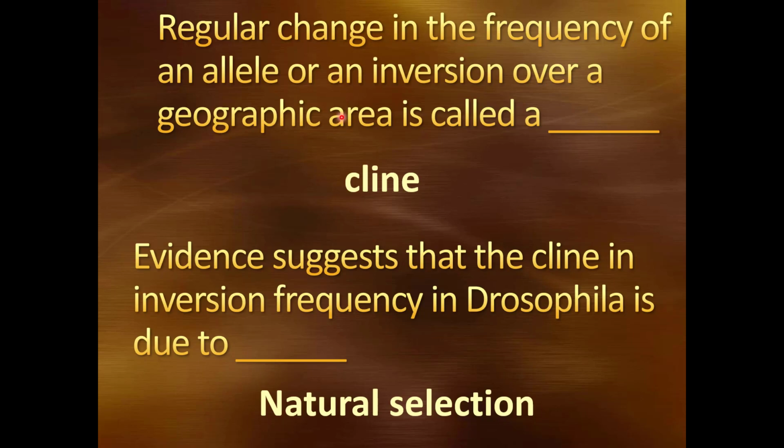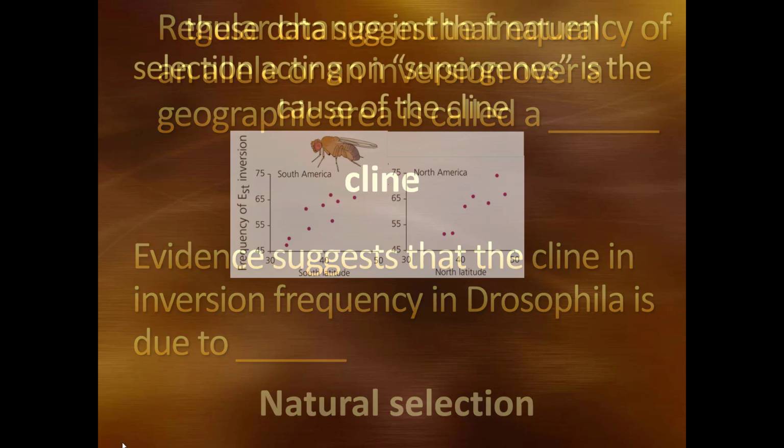It could be an altitudinal gradient. So it can be really sort of any type of this gradual change that we're going to see. We refer to this as a cline. This cline that we see with respect to this inversion frequency is suggesting to us that natural selection is operating on that inversion. It's making the inversion favorable at these higher latitudes and not as favorable at the lower latitudes.